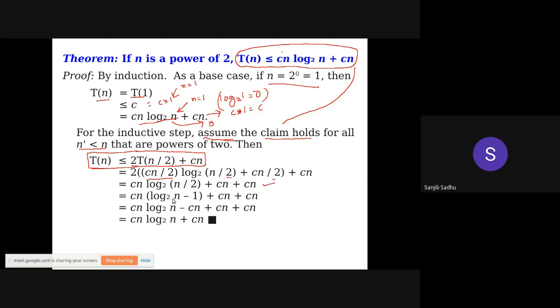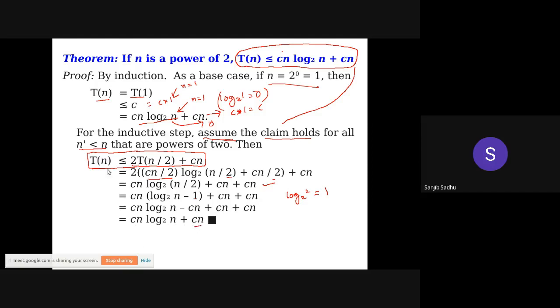Then log a by b means log a minus log b. You apply that, and here log 2 is 1. Please remember. So log 2n minus log 2, so that is 1 plus Cn. Right? So we are getting Cn log n plus Cn. Clear?